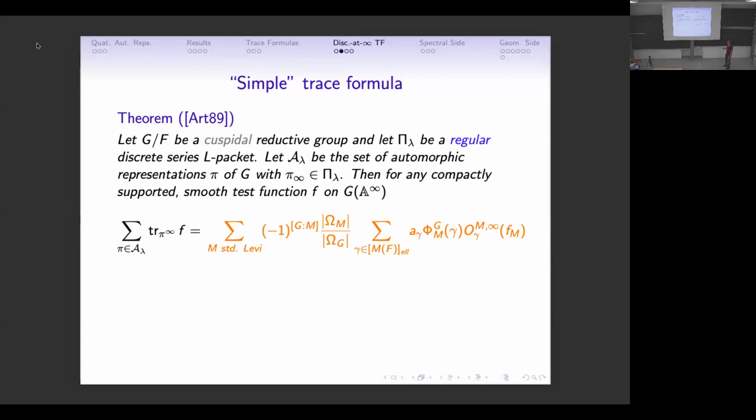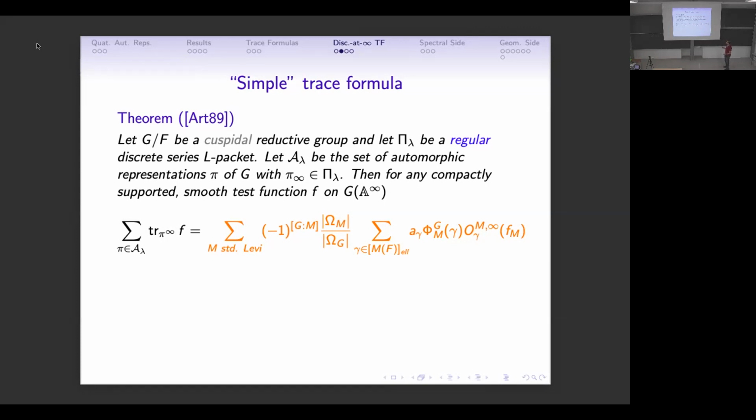Let's state this trace formula. If G over F is some reductive group and we pick a regular discrete series L-packet, then we look at the set of all automorphic representations of G with the infinite component inside that L-packet, and we pick some test function away from infinity. Then there's an explicit formula for the sum over all those representations of the trace away from infinity.